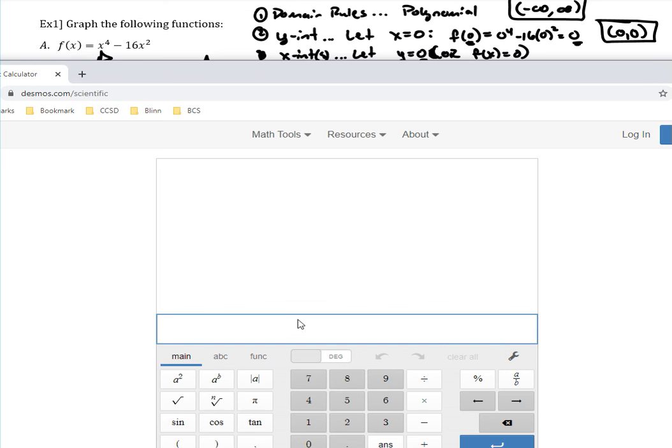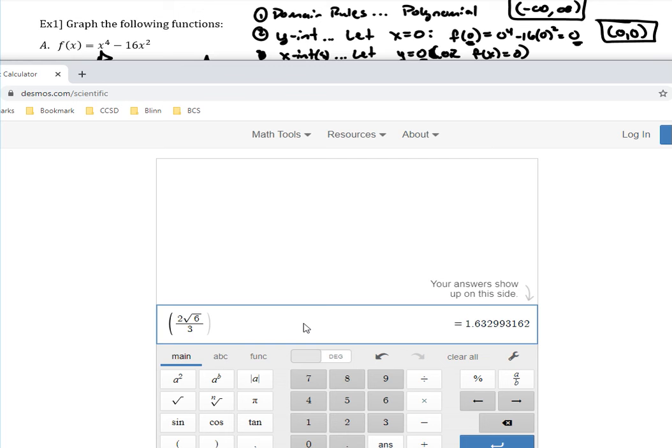And then all I'm going to do is plug in the 2 square root 6 divided by 3 to the 4th power minus 16, and then 2 square root 6 divided by 3 squared. And that's what the decimal was in the calculator. So it looks good. It looks like we got it.